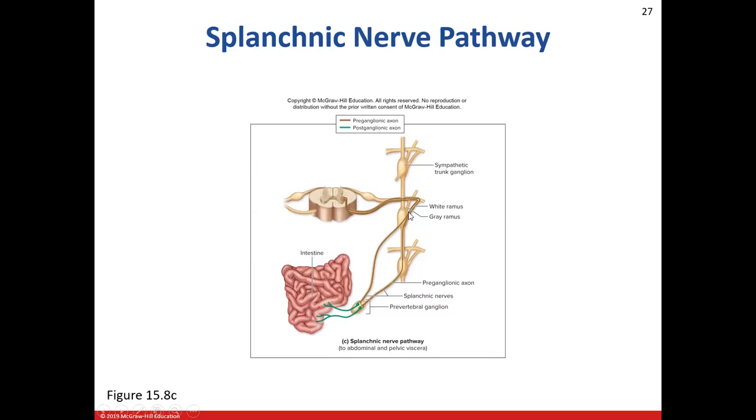And you'll notice that it can ascend or descend, but it'll go through the ganglia without synapsing until it gets to a ganglia that's a little bit closer to the effector organ. It's this structure that exits the ganglia that does not have a synapse, still made up of these preganglionic axons, that actually forms the splanchnic nerve. And so you'll notice right down here, that splanchnic nerve is identified.